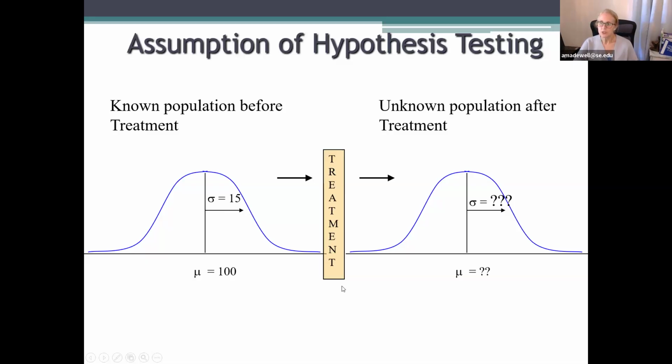Well, if we give our treatment, our new pill, what we don't know we can estimate, and I think our sigma should still be 15. But what we don't know, and hope, is that we get a mean difference. So if they were only focusing on 100 things, maybe now they're focusing on 120 or more things. So we want to calculate for that.